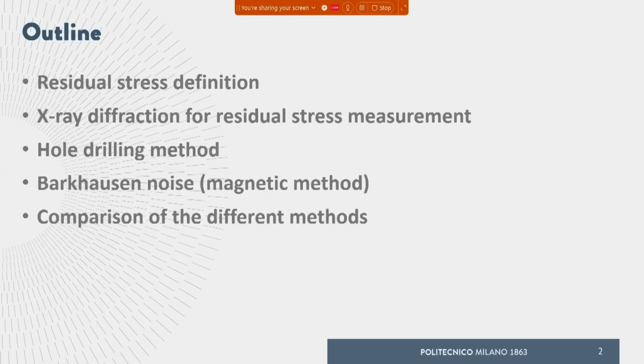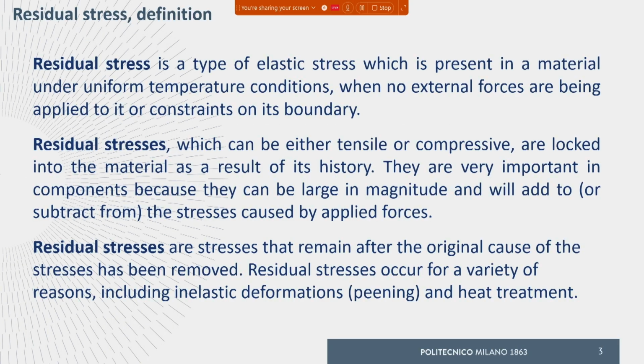We need either to remove material, to relax some deformation, and then be able to relate the measured strain to the pre-existing stress state, or we should be able to measure some quantity in the material at a more microscopic scale, and then relate this quantity to the residual stress state. This is the outline of the talk.